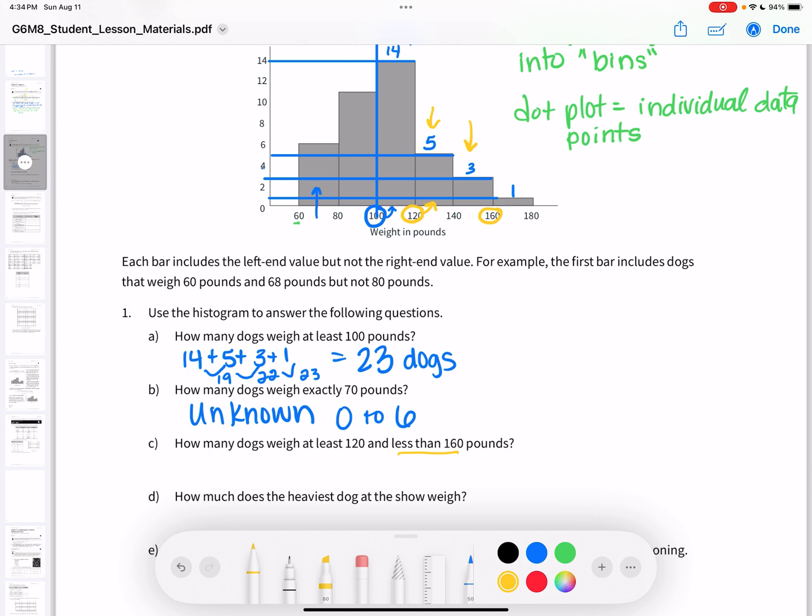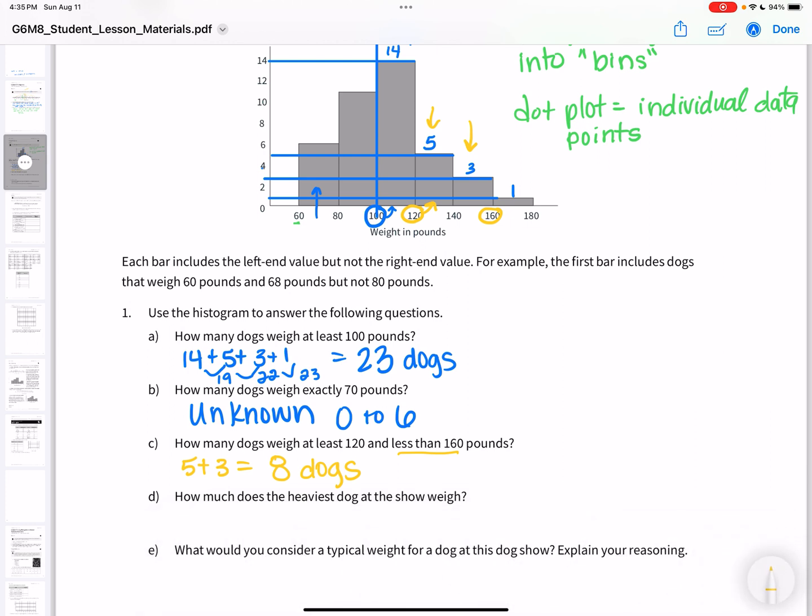So that would mean we would have to do 5 plus 3, which gets us 8 dogs. How much does the heaviest dog at the show weigh? You might be tempted to say 180, but that would be wrong. We don't know. It can't be determined, right? So unknown.